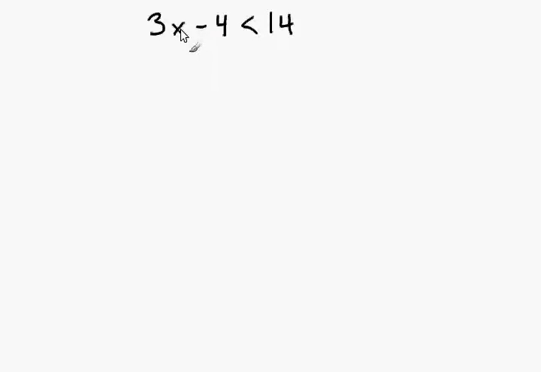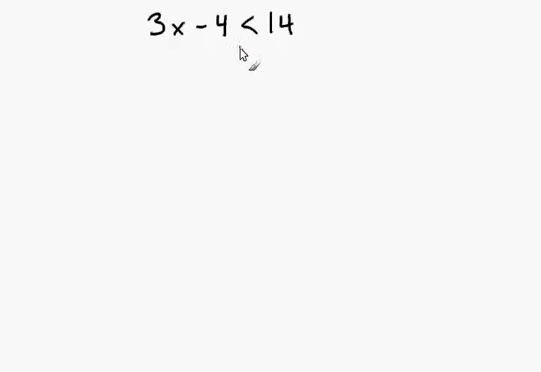Whatever value of x that gave me that is fine. Whereas if 3x minus 4 is equal to 15, then that value of x is not good. So what I want to do is say, what value of x makes this left-hand side equal to 14? Then, if I have any value of x less than that, I'm good. And if it's higher than that, well, I'm not good.